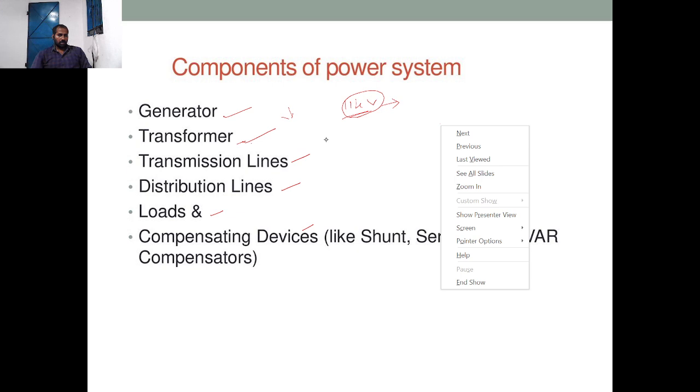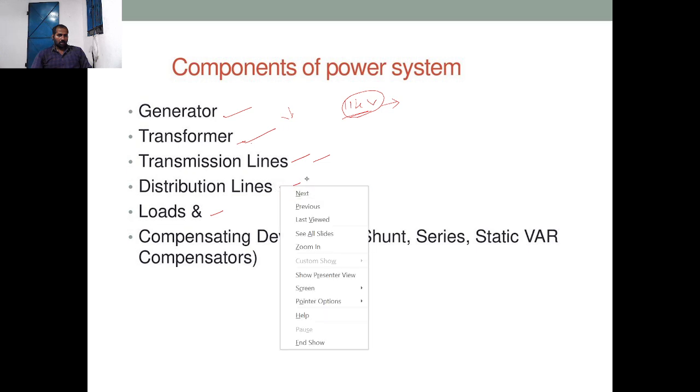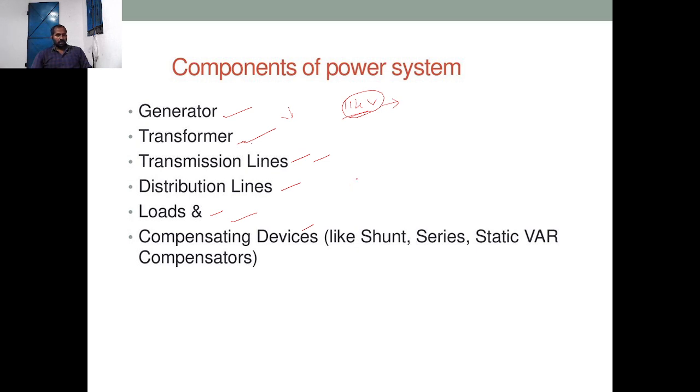Then I will transmit through the transmission line, and at last I will have the distribution line for transmitting the power, and the load. The compensating devices like shunt, series and static VAR compensators will be there to monitor the power flow of the power system, and to monitor the current and voltage level at the various bus bars present in the power system, right?